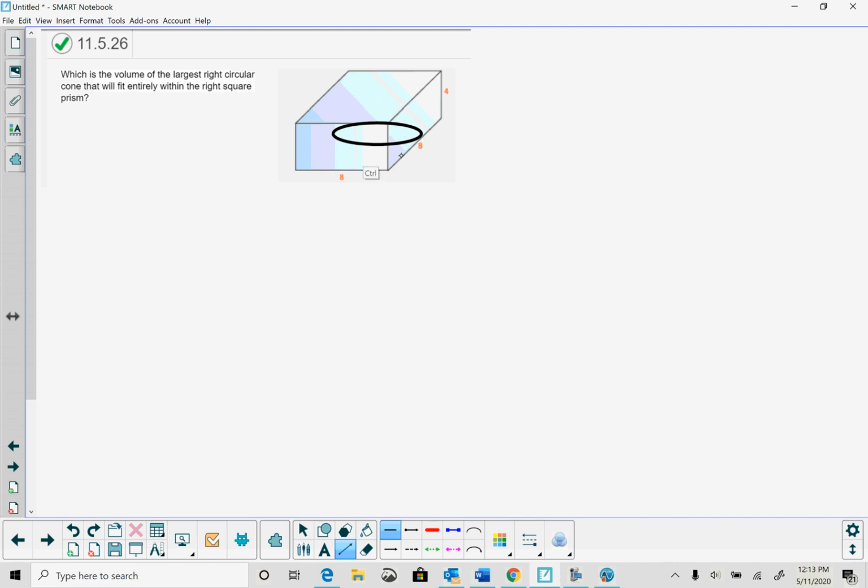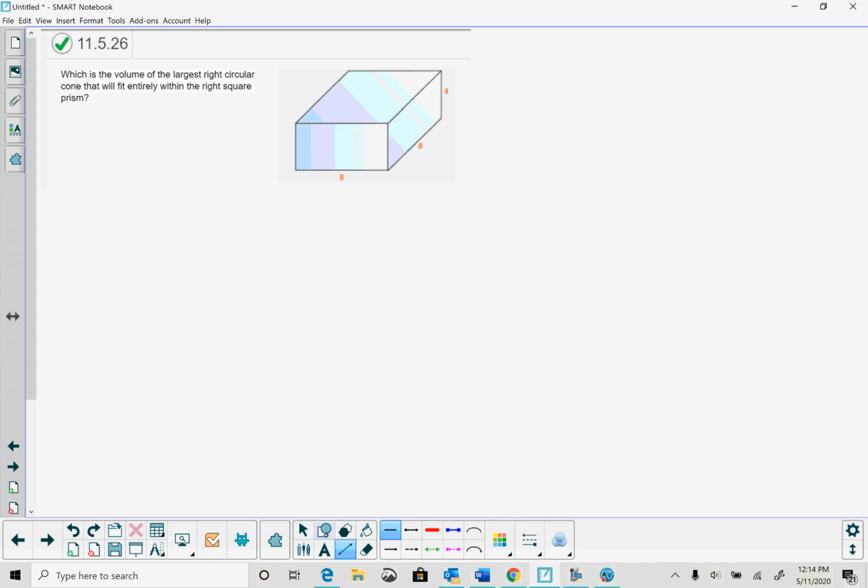That would certainly give us a fairly wide base. Another way that we could, to me this seems like the least plausible, we could put our circular base on, say, this face here, and then stretch the cone to the opposite side here. That's going to give us a very small base with a height of 8. Definitely taller than that first option.